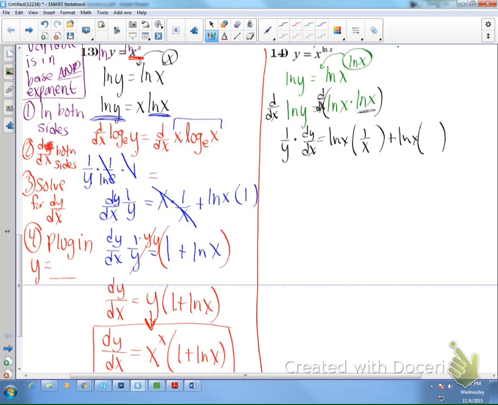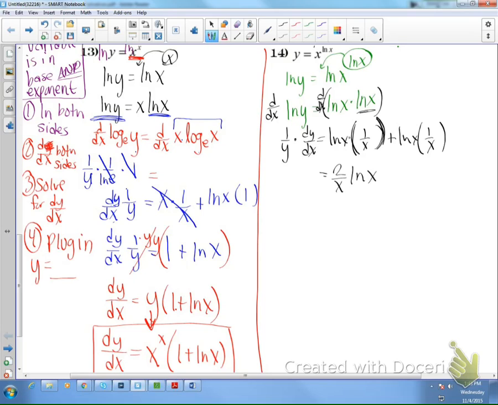What's the derivative of the first? 1 over x. So now that we're adding, we have 2 of those, right? 2 natural log x's times, actually, can I just say 2 over x, natural log x? Because this 1 over x is not part of the natural log, it's being multiplied. So I have 2 over x natural log x.